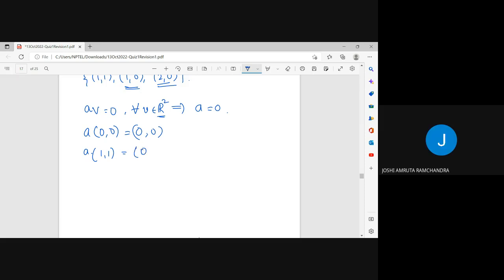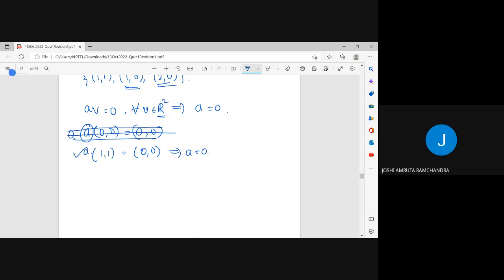Yes. So I should get, this is what I am given, right? Do I get A is equal to 0? Yes. Then I can put A is equal to 0 here. I'll get 0 times (0,0) is equal to (0,0), right? But it is true for every vector.